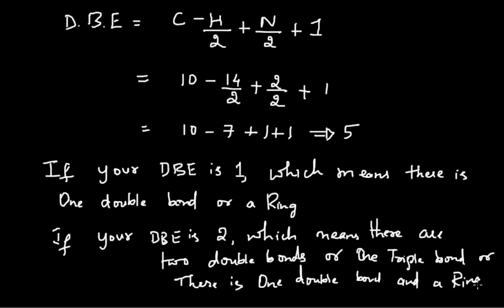So essentially you need to account for two double bonds or a ring.